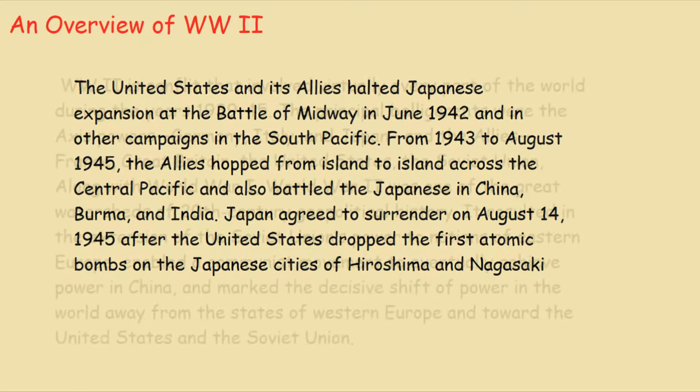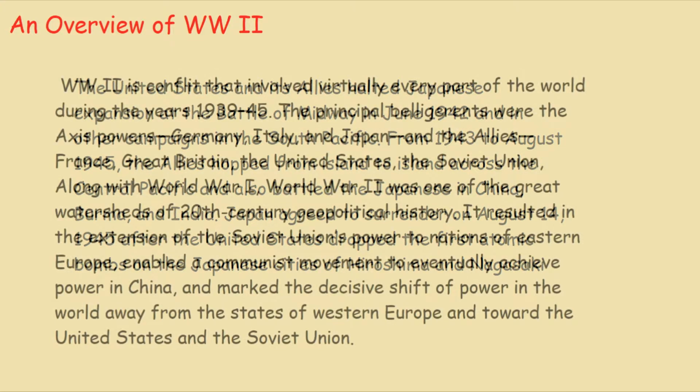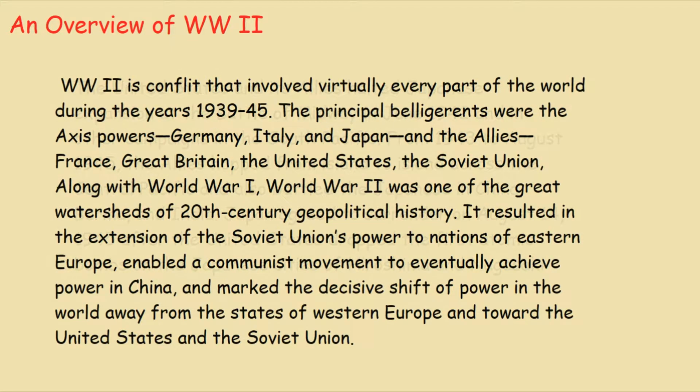So to round off with the Second World War, this World War was a conflict that involved virtually every part of the world. That's for sure. During the years 1939 until 1945, the principal belligerents were the Axis powers, that is to say Germany, Italy, and Japan, and they were facing the Allies, that is to say France, Great Britain, the United States of America, and later on the Soviet Union.